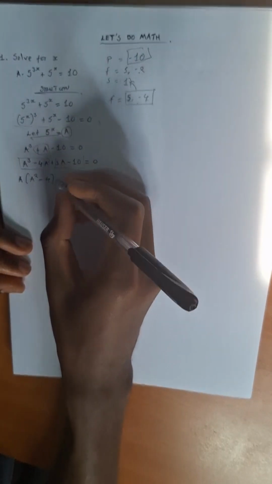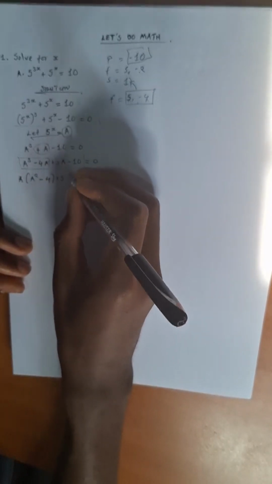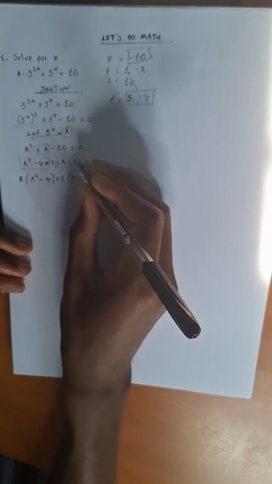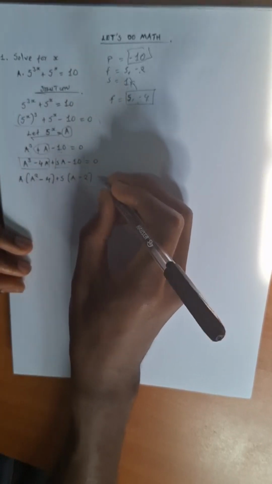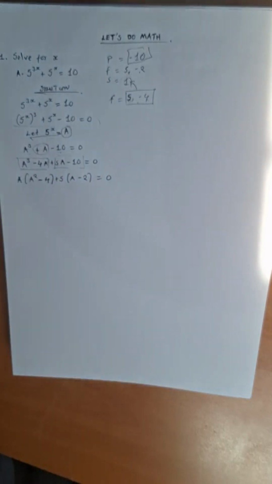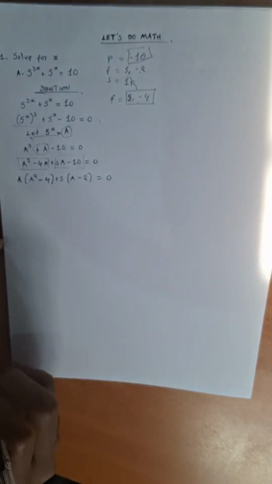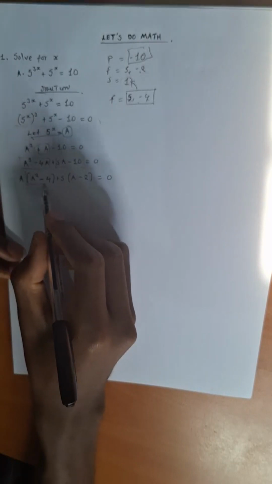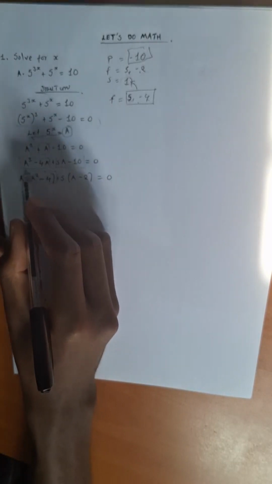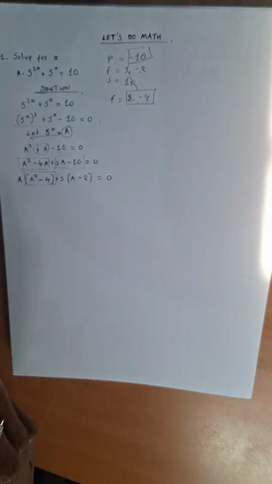And what is common here is 5. We're remaining with a, and 5 into 10 is 2. And this whole thing is equal to 0. So as we can see, this is partially factorized. So we're going to factorize it completely.